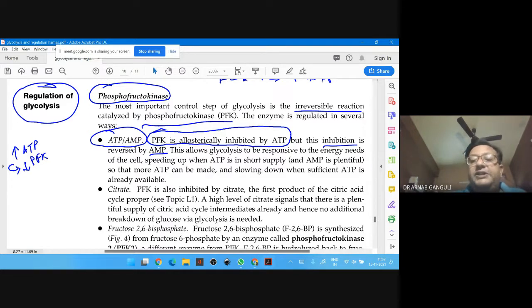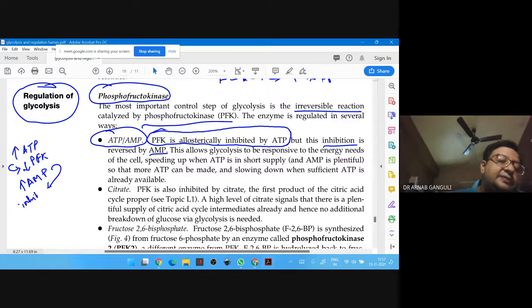So this allosteric inhibition by ATP, if there is a high amount of AMP, then the inhibition on PFK is removed.